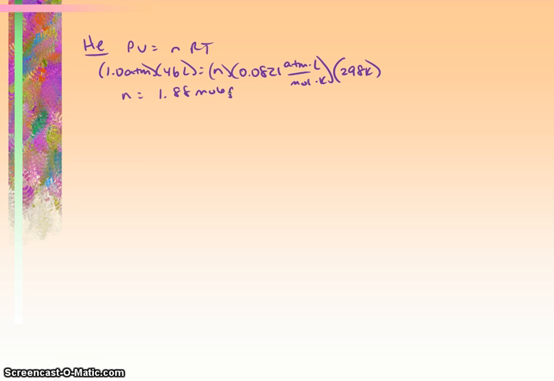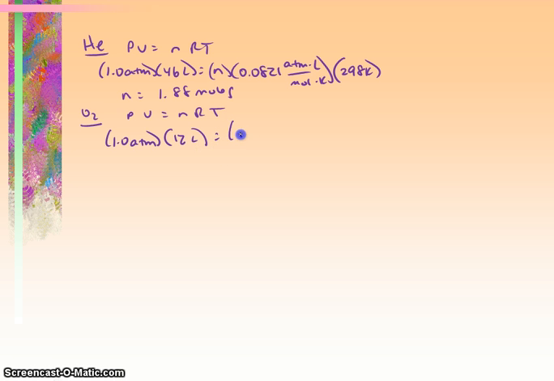We're going to do the same thing for our oxygen. PV equals nRT. So for our oxygen, we have 1.0 atm, 12 liters.